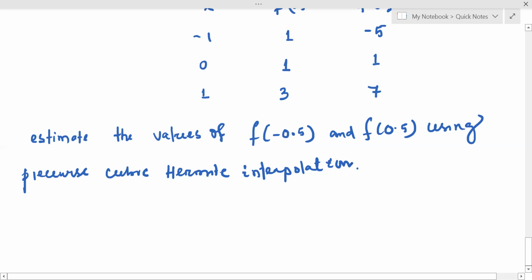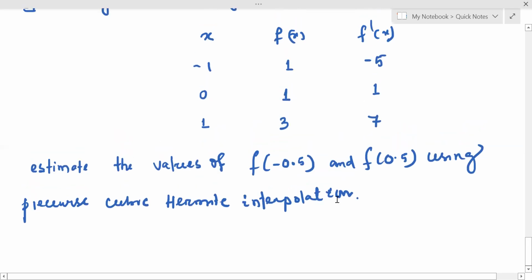ये केस हम सॉल्यूशन करेंगे. Just you see the given data x, f of x, f dash x. 3 points are represented here, xi minus 1, xi and xi plus 1. Here interval is xi minus 1 to xi.